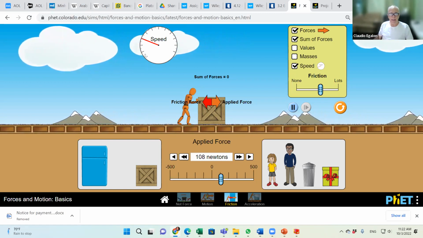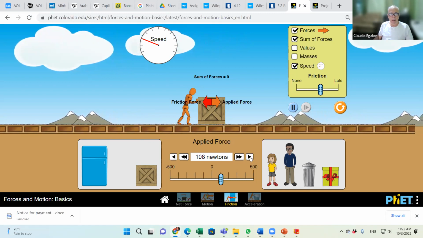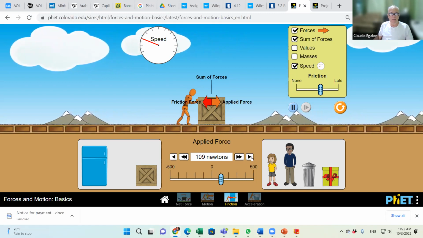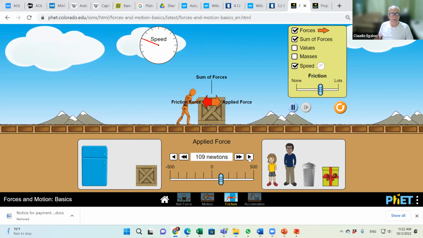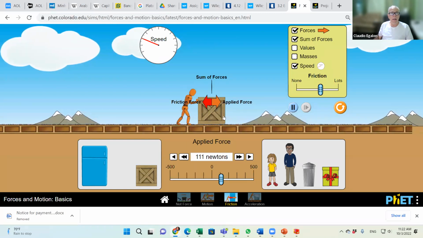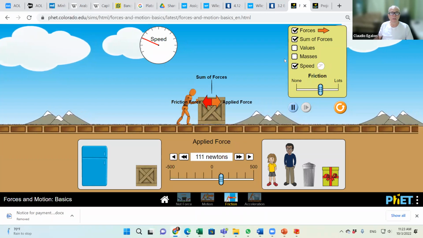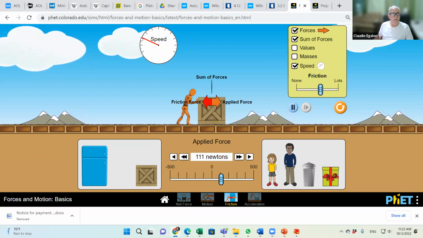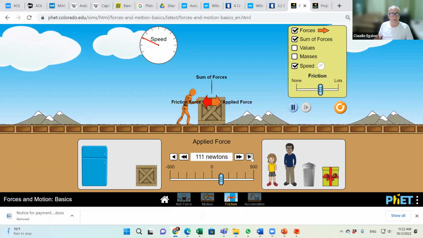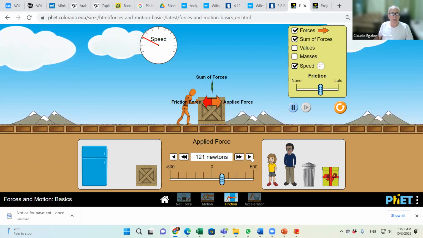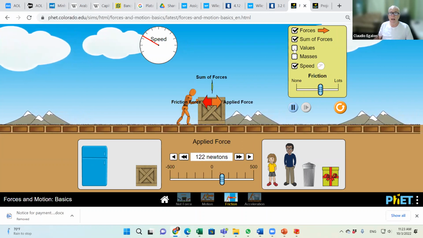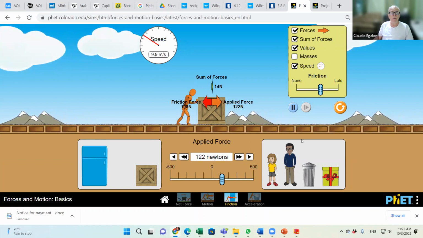If I increase the applied force, then something else starts happening. Take a look at the speed. I'm increasing the net force. Notice that the speed is increasing little by little. Now I'm applying some force here, 14 newtons.